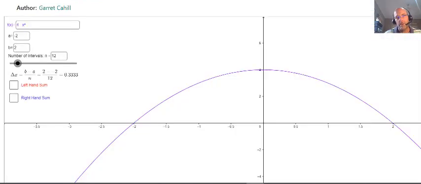So I'm using an app from GeoGebra, and there's the author of it there. Okay, and I don't know if you can see, but we've got a function. The function is called f of x equals 4 take x squared. So something different.